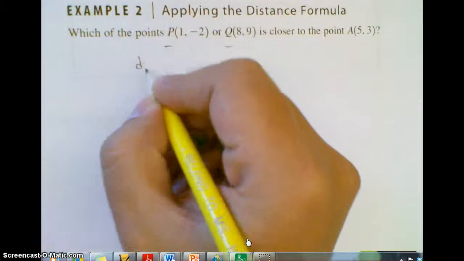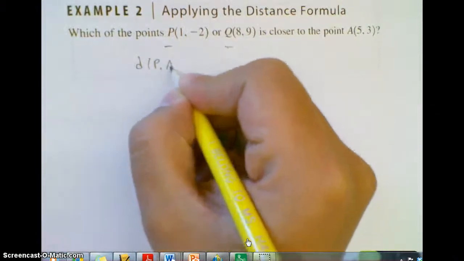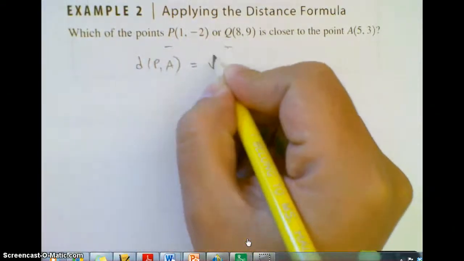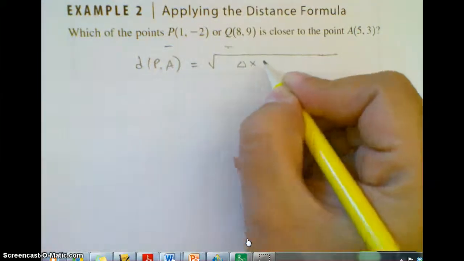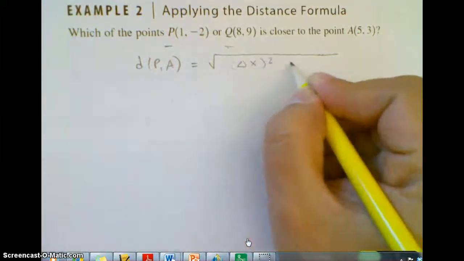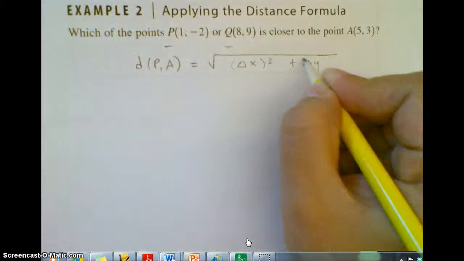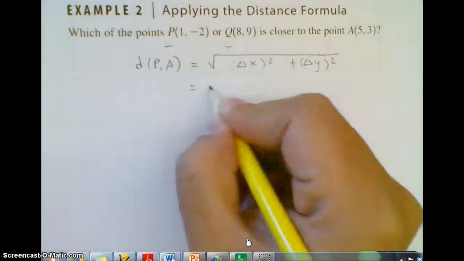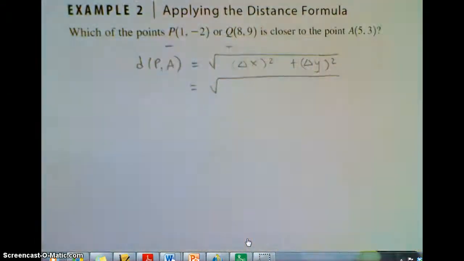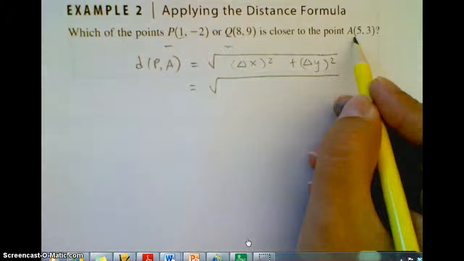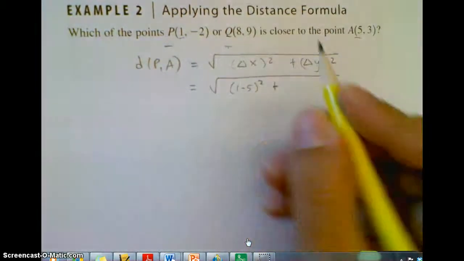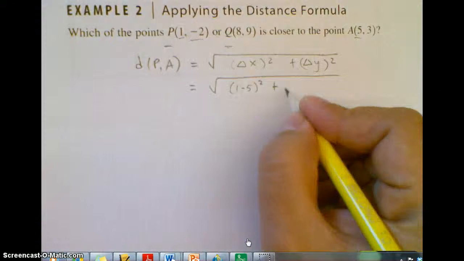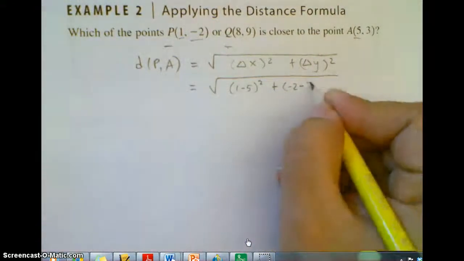So to find the distance between P and A, that equals the square root of, remember, the difference of the x coordinates squared plus the difference of the y coordinates squared. So the difference between the x coordinates, 1 minus 5, squared, plus negative 2 minus 3, squared.